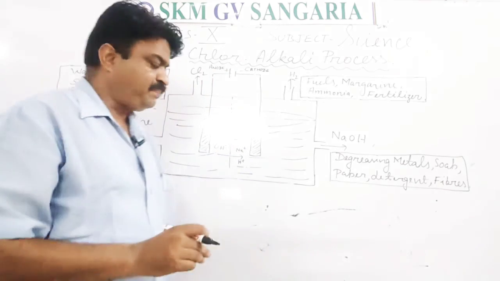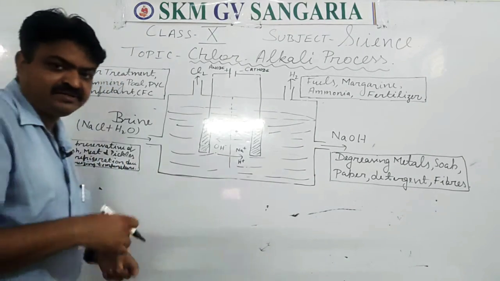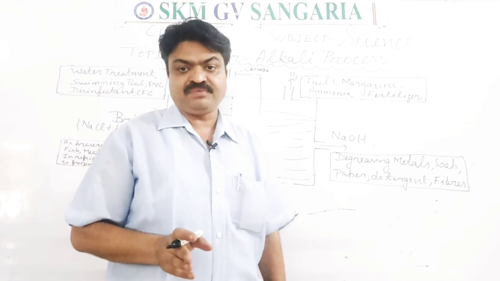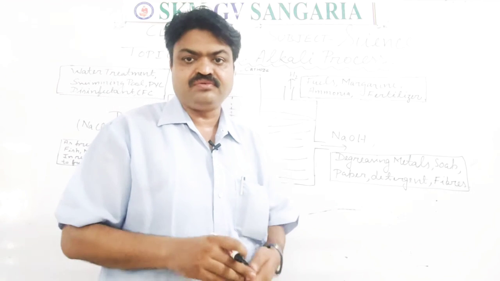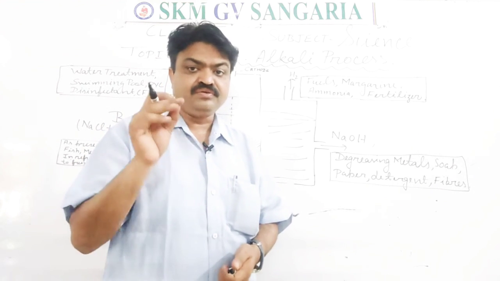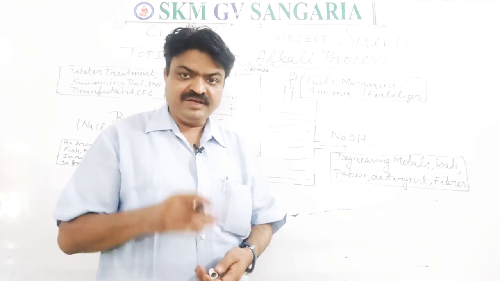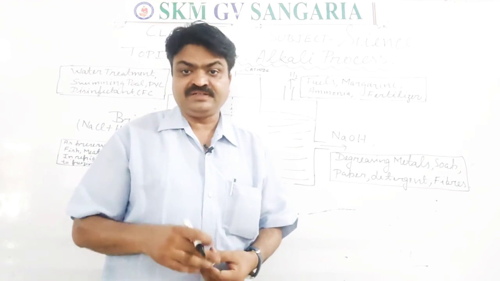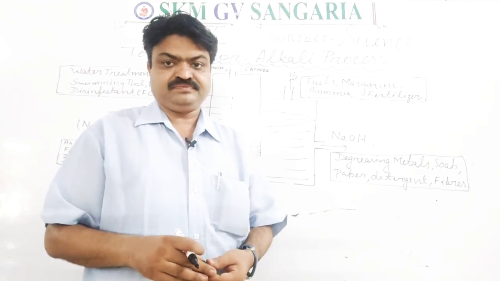Now brine plays a very important role in this. Brine means the aqueous solution of sodium chloride. This brine we also use in our daily life. We use it as a preservative, and we also use it as a cooling agent, student, in refrigerators or in the ice box.